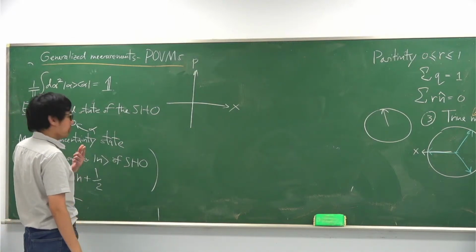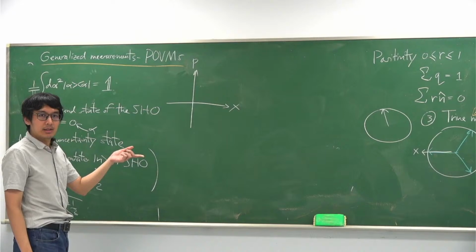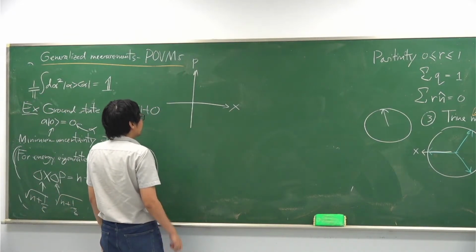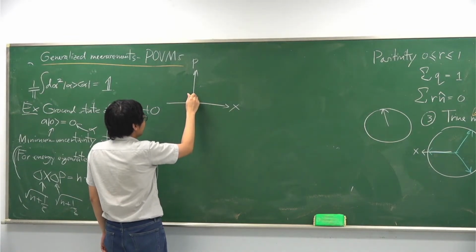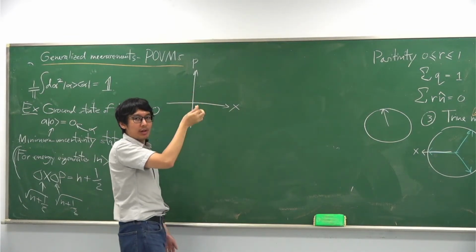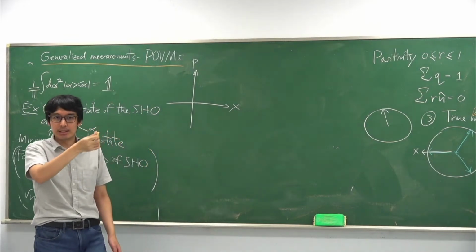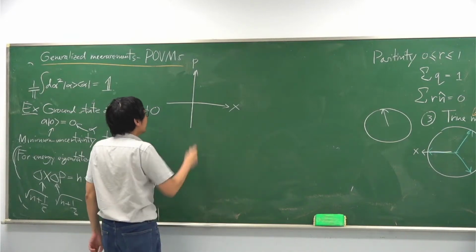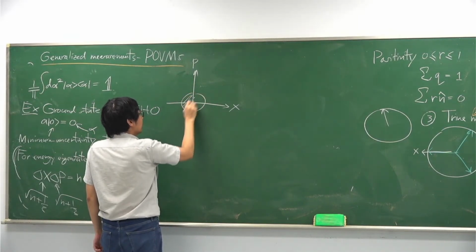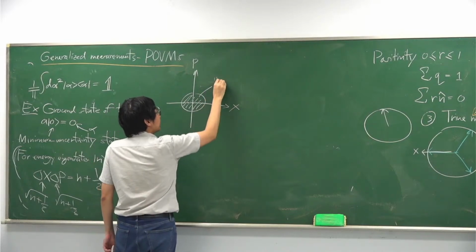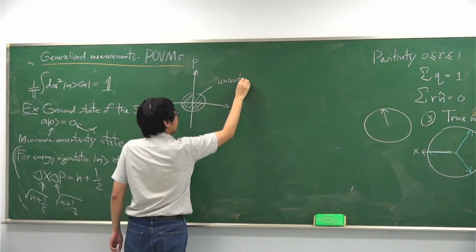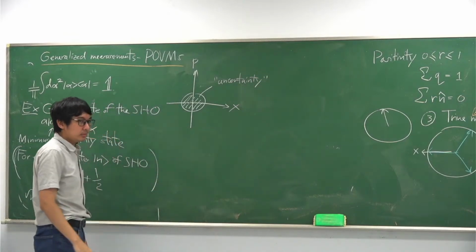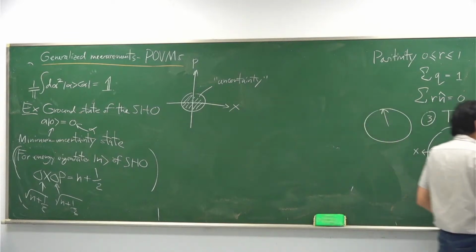But actually, you can use alpha and alpha star as the axes as well. Anyway, we actually know that the wave function of the ground state of the harmonic oscillator is a Gaussian, right? With no node. If I were to visualize the uncertainty, it's kind of like this. It's kind of like quantum fuzziness.